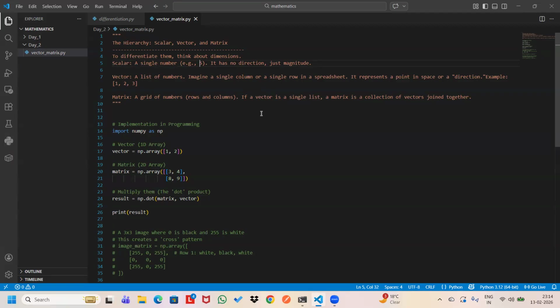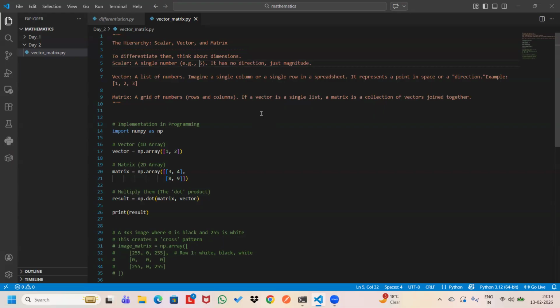In physics we have learned that a scalar quantity means it has only magnitude, no direction. Let me give you an example of a scalar. Suppose you have a brick, then a single brick will be counted as scalar.